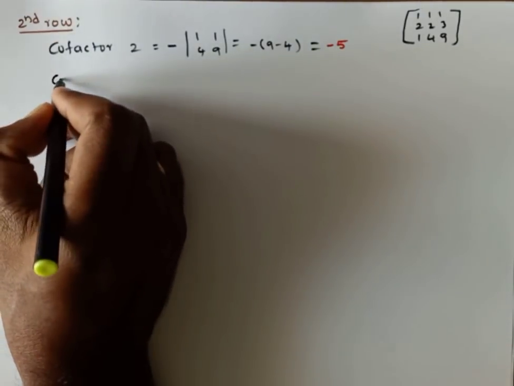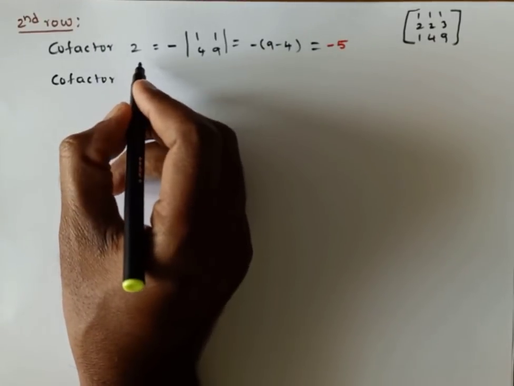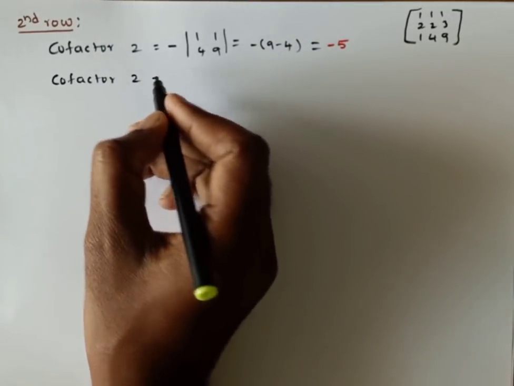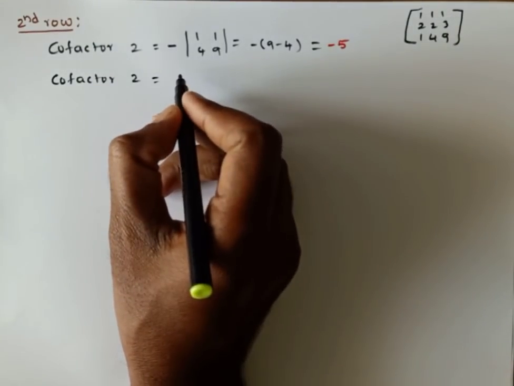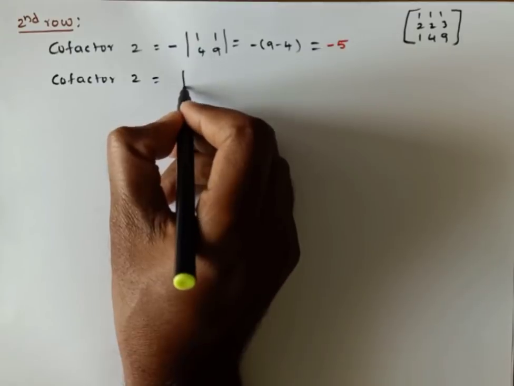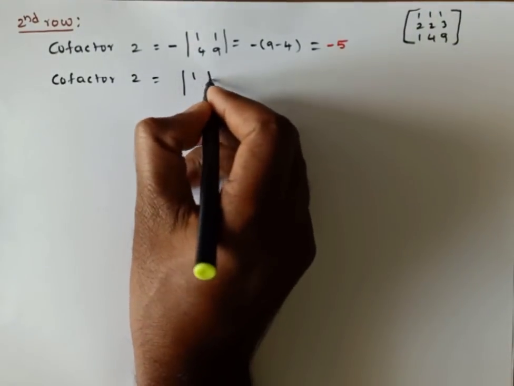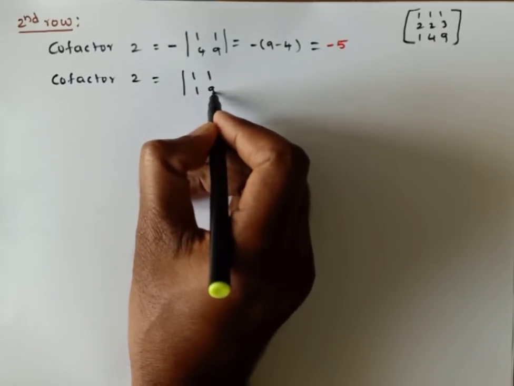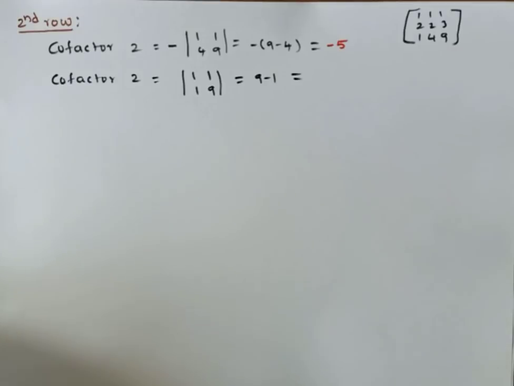Next, the cofactor of 2. This 2 lies in the second row and second column, therefore minus 1 power 2 plus 2, so it is positive, into, by deleting this row and column we get the elements 1 1 1 9. This is 9 minus 1, which is 8.